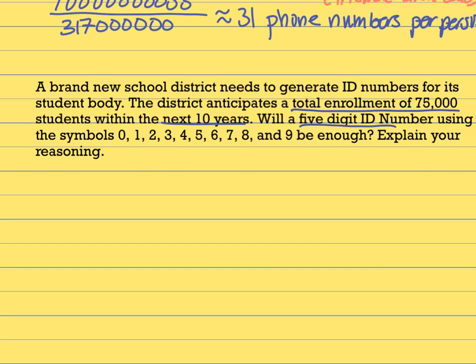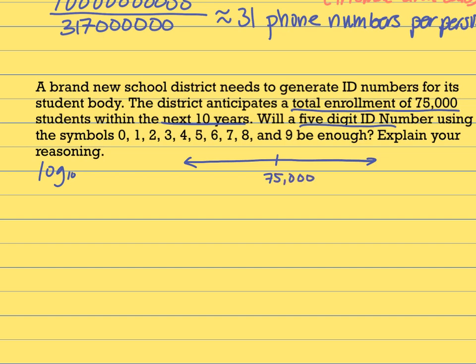So if we're using a log base of 10, that means that we need to find a number that's below 75,000 and a number that's above 75,000 that has a base of 10. So if you think about a number line here, 75,000 is right here.